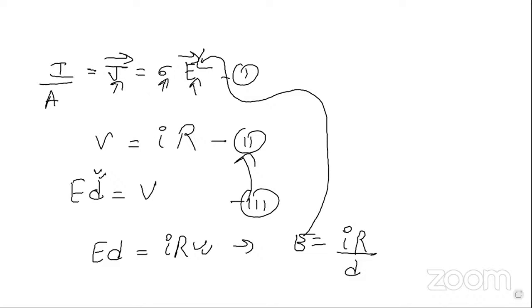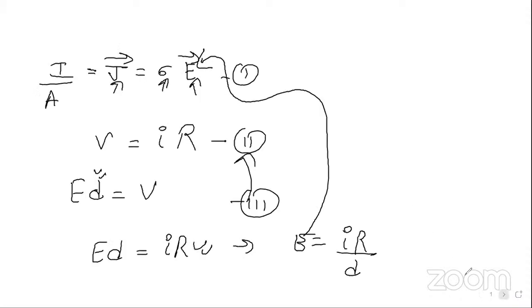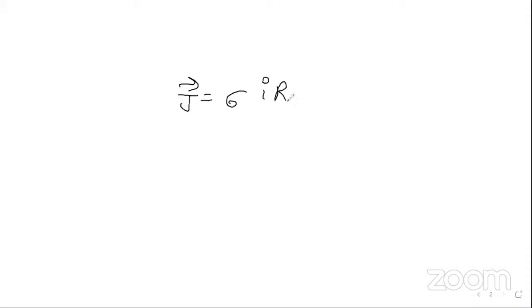Now put this electric field in J equals sigma E. As we said, E you have put as IR by D. So from this you get a new formula for the current density.